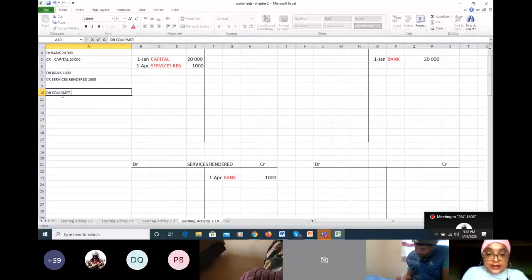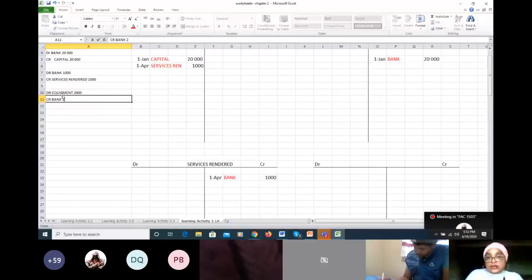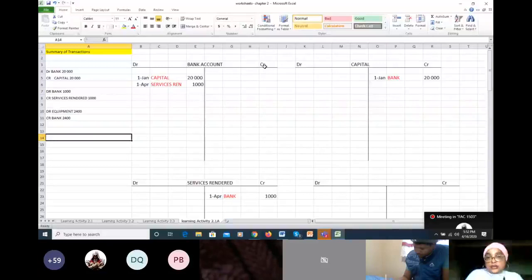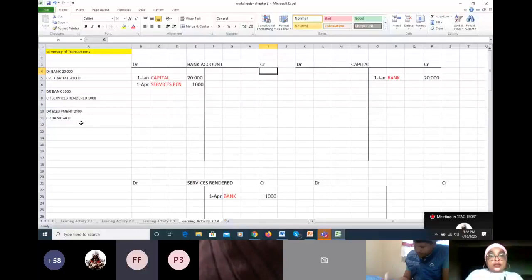If you're looking at the table that I gave you earlier, my bank account gets credited here because money is going out. There's a minus sign here. My bank account is getting less. Okay, cheque 2,400. Now I'm going to put it in again from right to left, into my bank account.